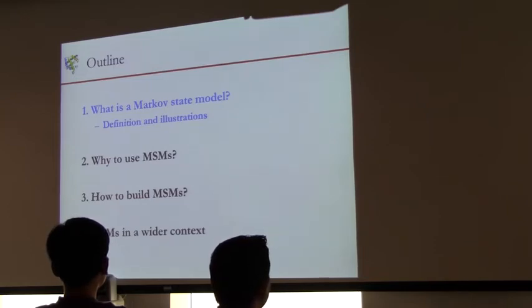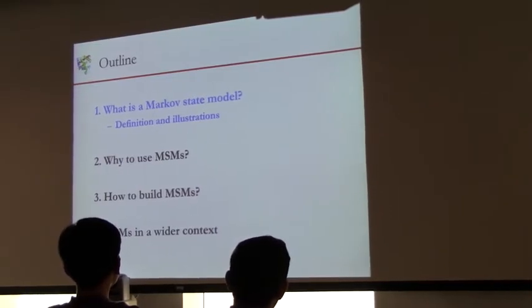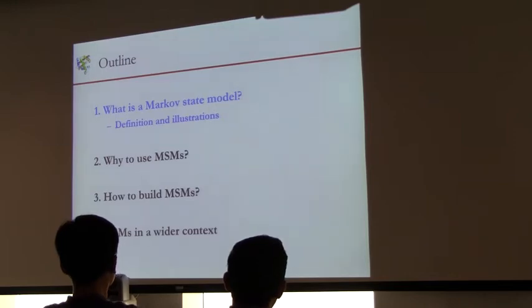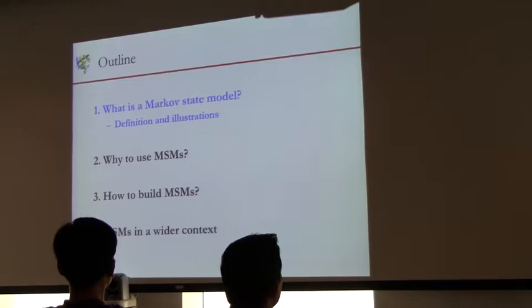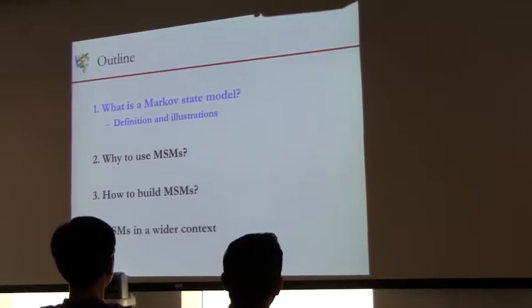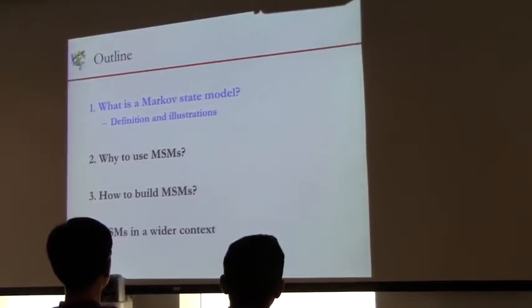That will be the best moment to talk about how to build Markov State Models. And I'd like to finish with discussing Markov State Models in a wider context, and in particular to talk about the relationship between Markov State Models and the ultra-coarse graining methodology that we have been developing in this center.